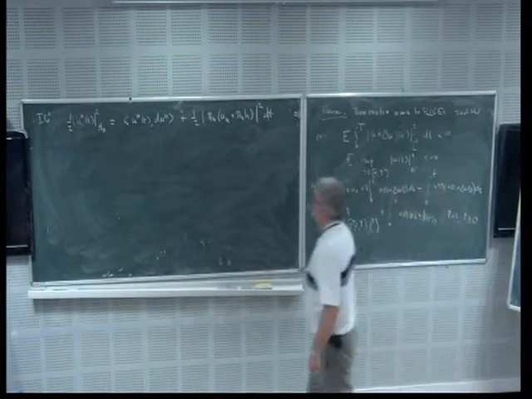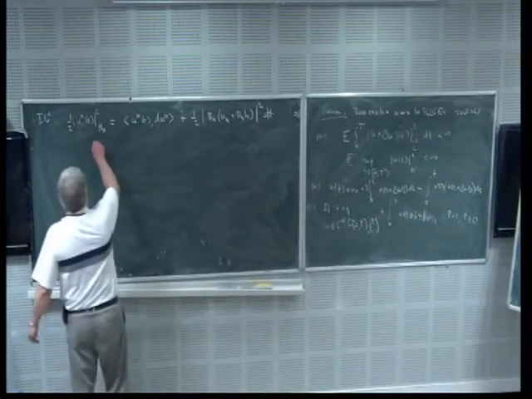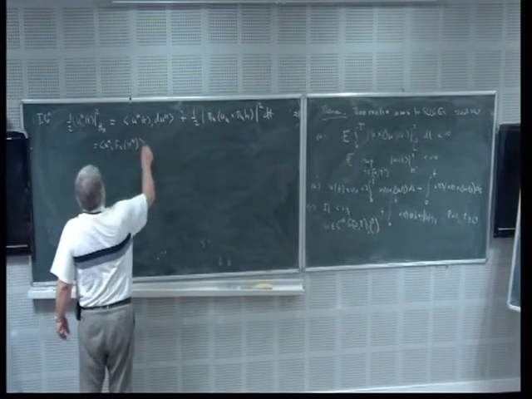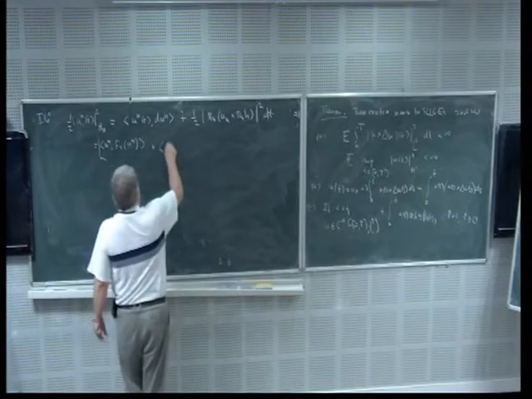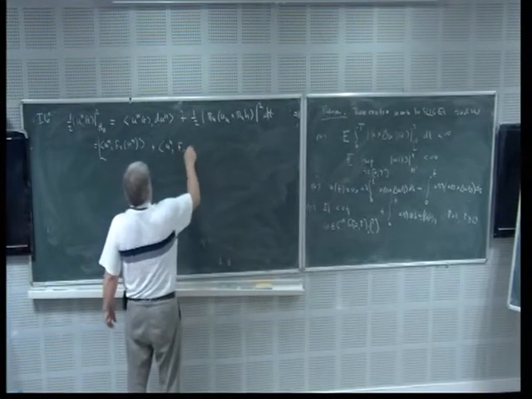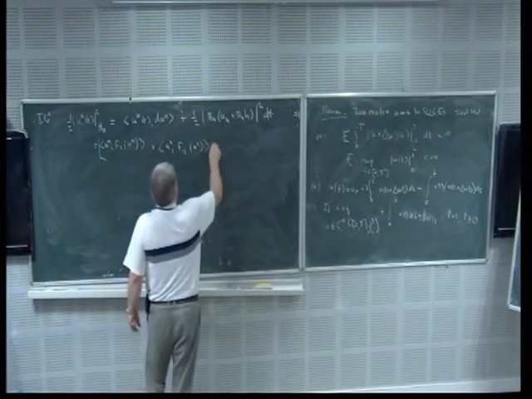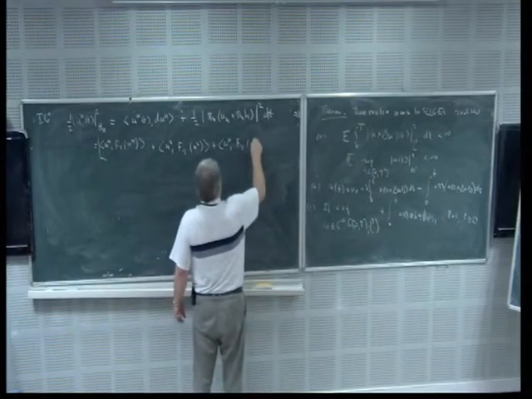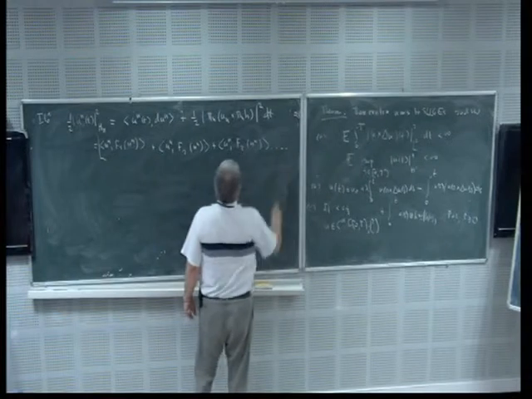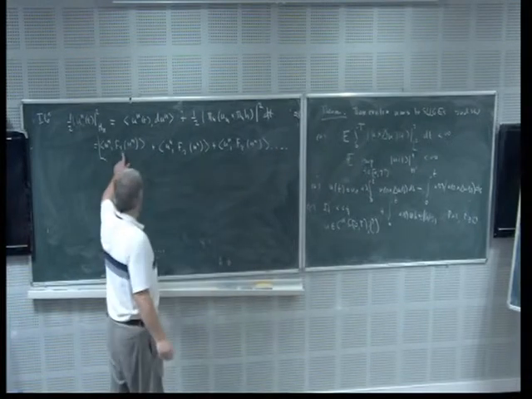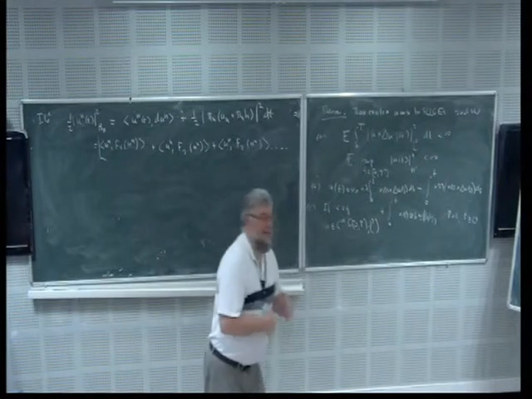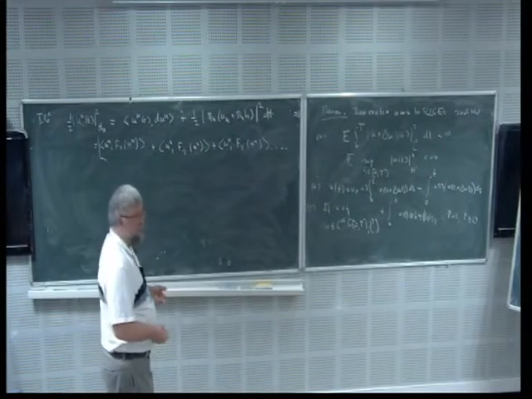So what we have will be UN F1 of UN plus UN F2 of UN plus UN F3 of UN and other terms. Now, what is this guy here? This is the inner product in Hn, which is the same as the inner product in L2.